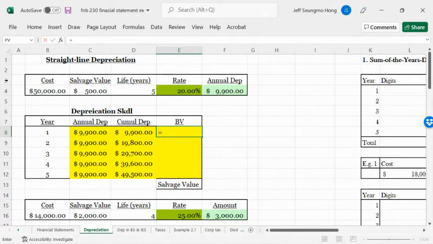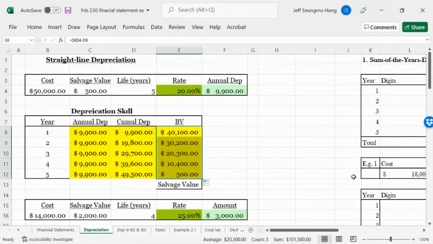So at the beginning of the year, it is the purchase cost, but I'm going to lock it with F4. Then you subtract accumulated depreciation, and it will be the end of the year book value, right? End of the year book value, and then you drag it down.